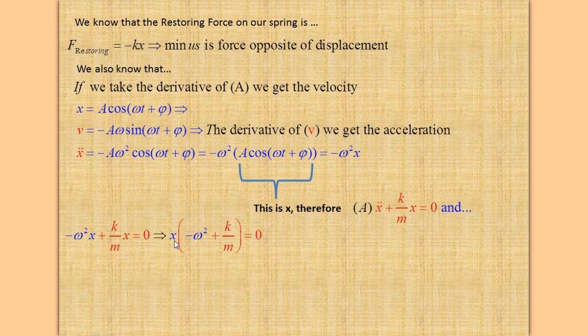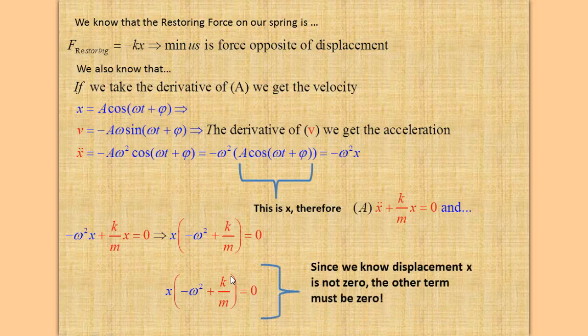Well, we know x is not equal to 0 because x is some value. So this value inside the parentheses must be equal to 0. And if that's equal to 0, we can solve for this part of the equation.